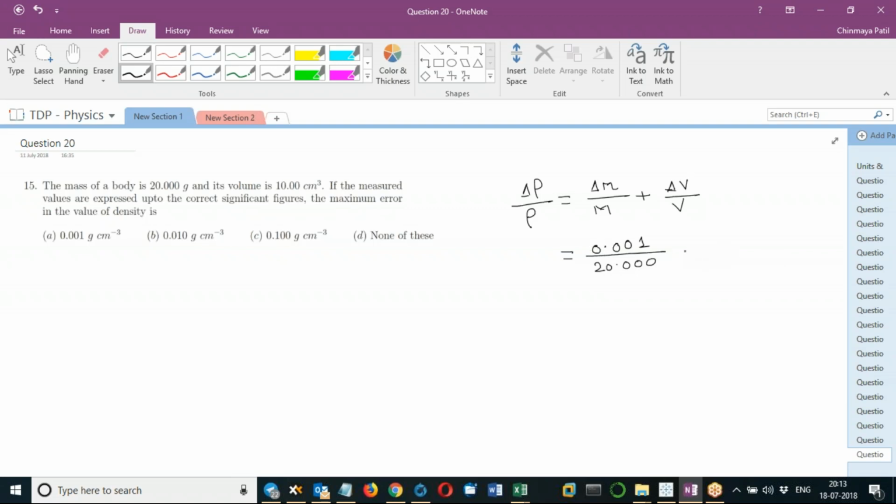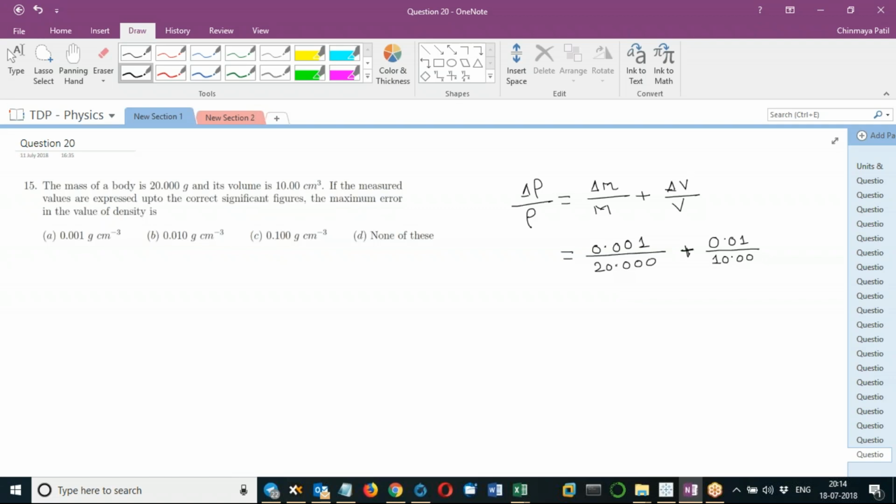Correct? Plus delta v. Delta v should be what? Because it is 10.00, it has to be expressed as 0.01, meaning after decimal there are 2 digits, up to 2 decimal places, divided by 10.00.